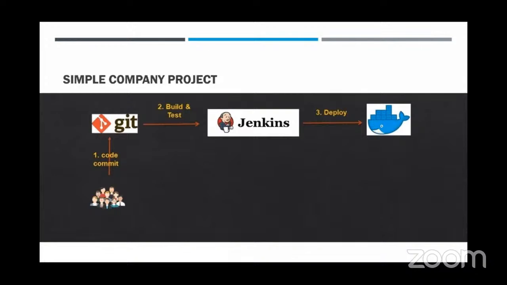So once the code is checked in by the developers, it reaches some kind of version control system like Git, which triggers a build on the Jenkins pipeline. And Jenkins performs unit test, integration test, it packages the war and does all of those series of steps which we discussed, and then it gets deployed onto the server.